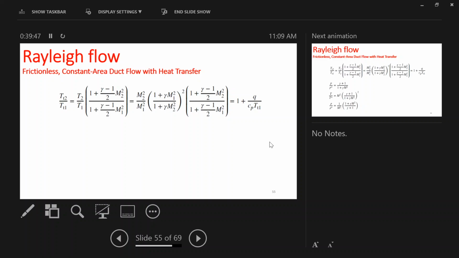We can find the ratio. We can transform that ratio, based on the ratio we had from the previous slide, to something that is only a function of Mach number, and then you can simply say it is equal to 1 plus Q over Cp multiplied by total temperature. Right?